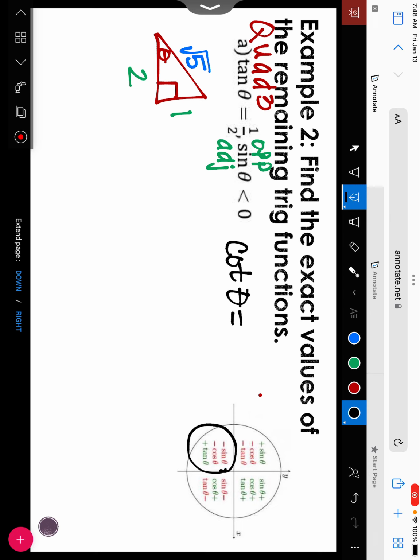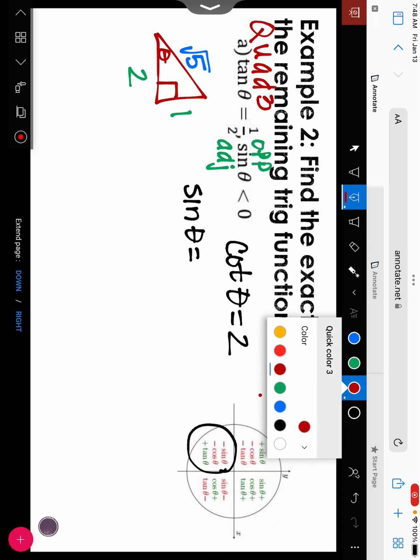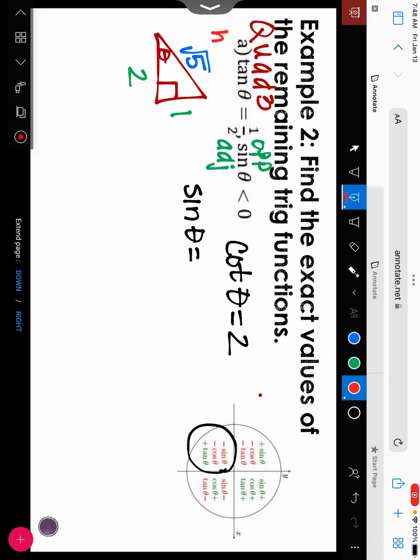So we're going to flip the 1/2 and just get a 2. And then sine is equal to opposite over hypotenuse. Let me label these 3 sides of our triangle. This is hypotenuse, this is opposite, and this is adjacent.